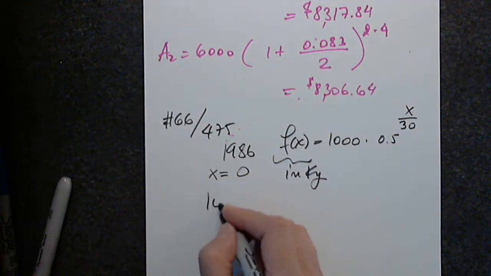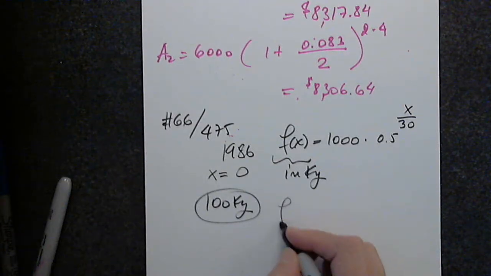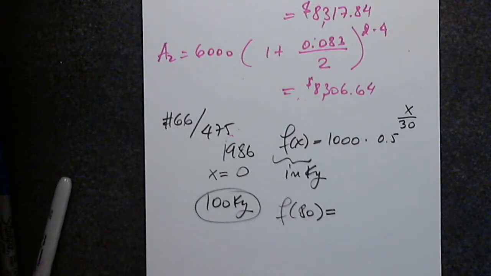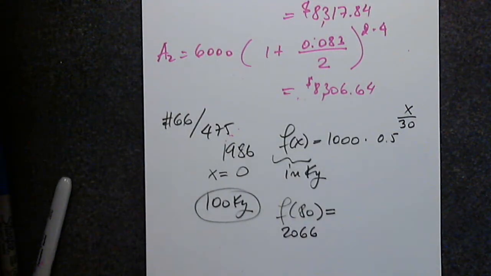If even 100 kilograms of cesium-137 remain in Chernobyl's atmosphere, the area is considered unsafe for human habitation. Find f of 80. What does f of 80 represent? Correct, 80 years from 1986, which is in 2066.